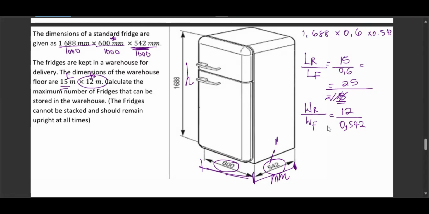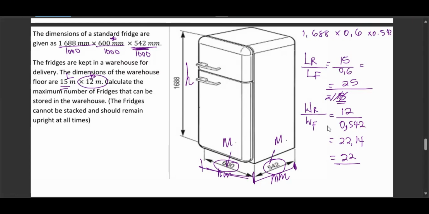We turned them into meters by dividing by 1,000. So 12 divided by 0,542, the answer becomes 22,14. Now here we said round down, so we shall have 22 fridges on the short side.